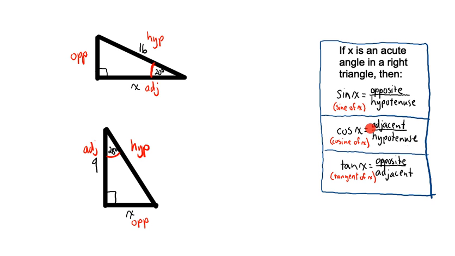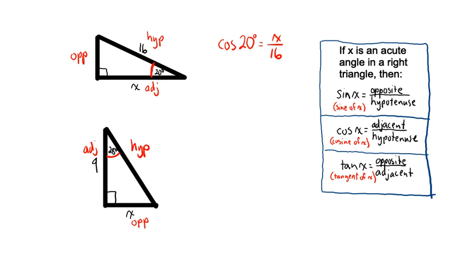Cosine involves just the adjacent and the hypotenuse. So I'm going to set up a cosine equation, and it's always cosine of the angle, cosine of 20 degrees, equals, you've got to pay attention to the definition, adjacent has to be on top and hypotenuse has to be on the bottom. So for me, x is on top, 16 is on the bottom.